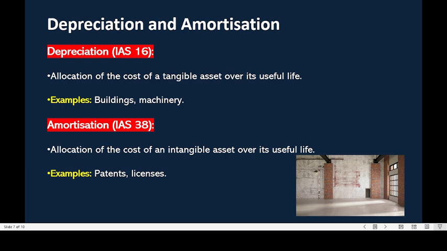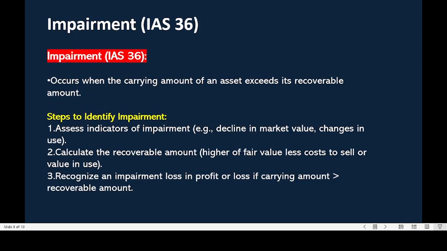Now let's talk about impairment, governed by IAS 36. Impairment occurs when the carrying amount of an asset exceeds its recoverable amount, meaning the asset is overstated on the balance sheet. To identify impairment, first look for indicators like a decline in market value or changes in the asset's use.